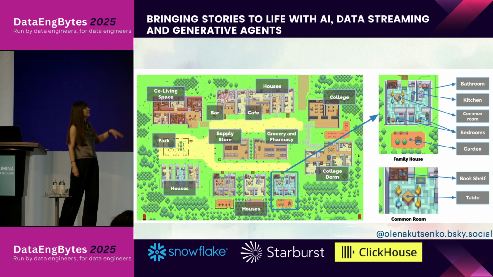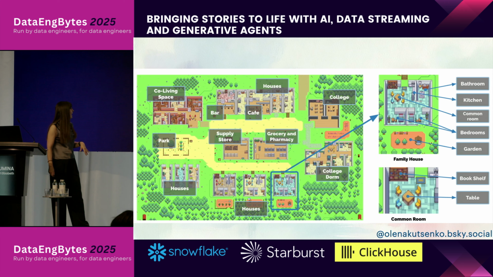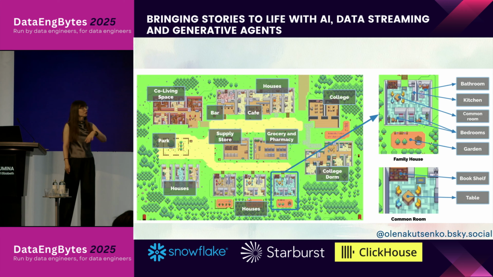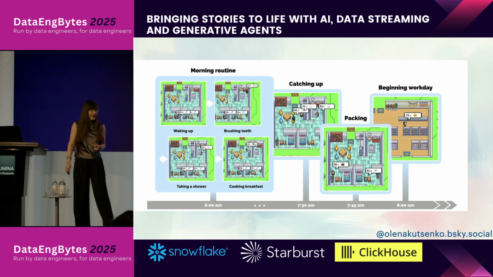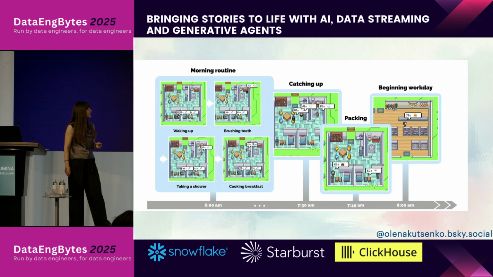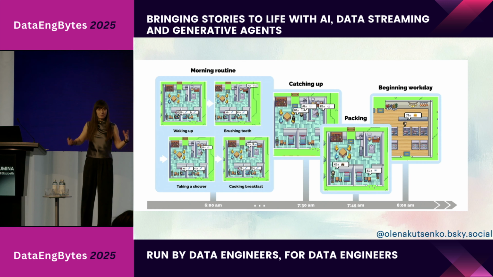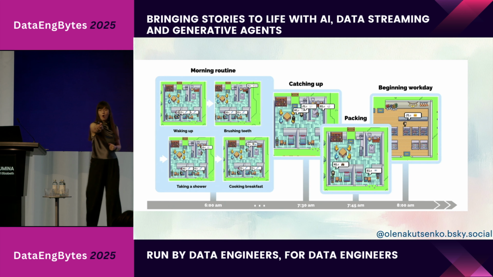We have houses, we have a college where students study, we have some shops, cafes, bars, and parks, where our agents can interact and meet. And those houses also have some objects inside. For example, an agent can open a fridge, take a meal, eat something, go to sleep, or use the bathroom or whatever.